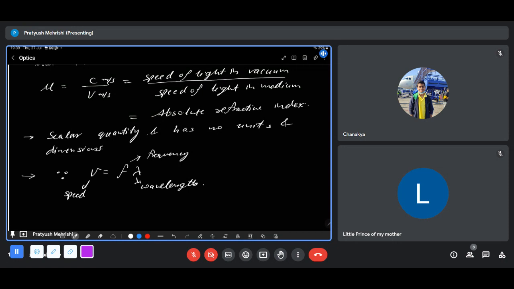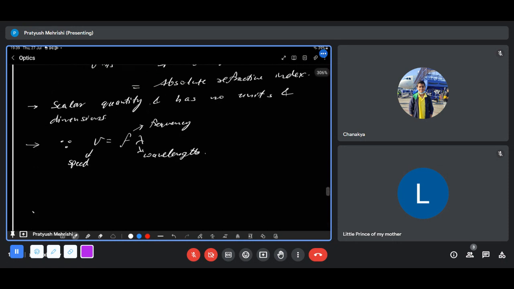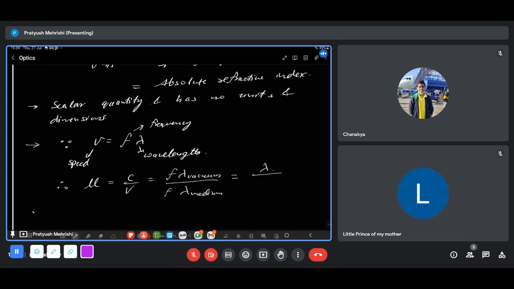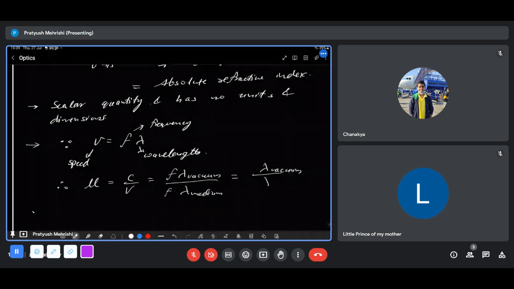Therefore, refractive index mu will be equal to C upon V, equal to f multiplied by lambda in vacuum upon frequency multiplied by lambda in medium. Frequency is not changing, but lambda is changing. So it is the ratio of wavelength in vacuum to the wavelength in medium.